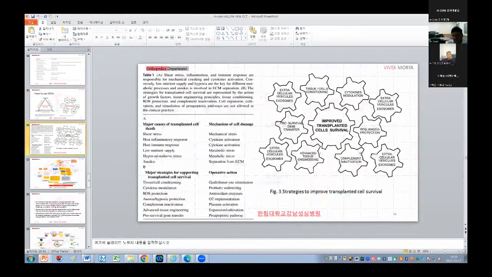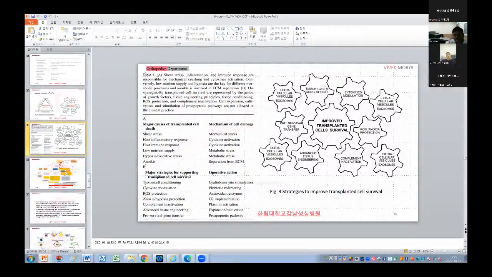But we can improve the efficacy of the stem cell. We need to consider the following factors, like extracellular vesicle and exosome supplements. In my second lecture, I will talk about why the stem cell and its secretome are important for making a better response.